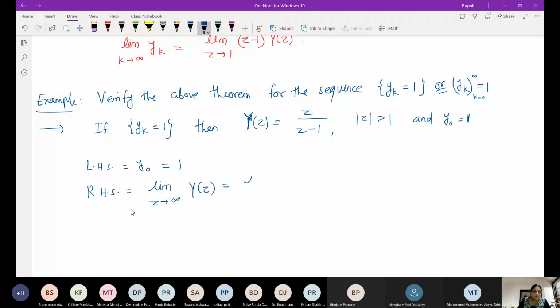What is limit z tends to infinity of z upon z minus 1? It is 1.